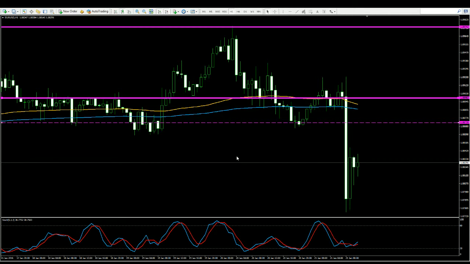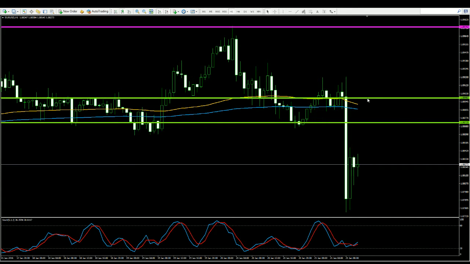Maybe we make it another color. Tell me if they're visible or not. I make them green so you can understand which lines I'm talking about. So do you see the two green lines?